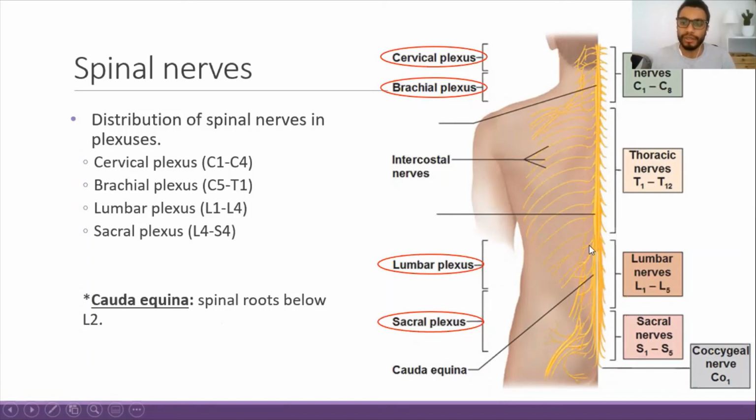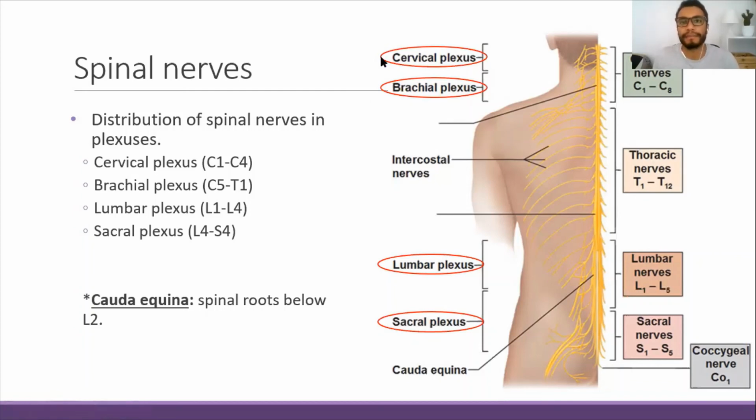The cauda equina is not protected by the vertebrae. It is like the extension of the lumbar nerves.